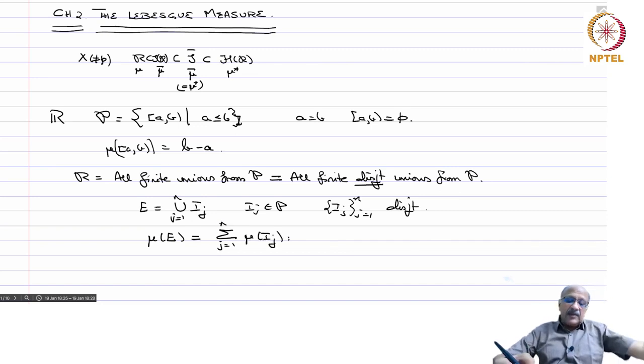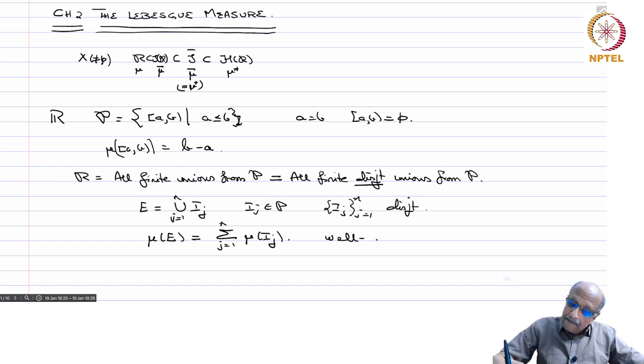But then any set E which is a finite union, you may be able to write in more than one way as a finite union of disjoint intervals like this, and therefore we have to show that this is well defined. And then we must of course show that this is countably additive.